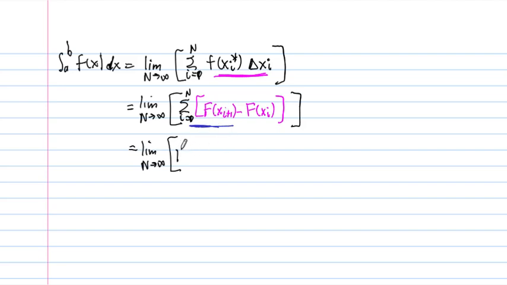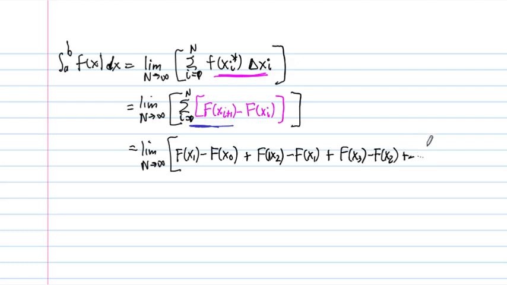So this will be f of x1 minus f of x0. And then the next term is plus f of x2 minus f of x1, and then plus f of x3 minus f of x2. And this continues until we get up to f of xn minus f of xn minus 1.